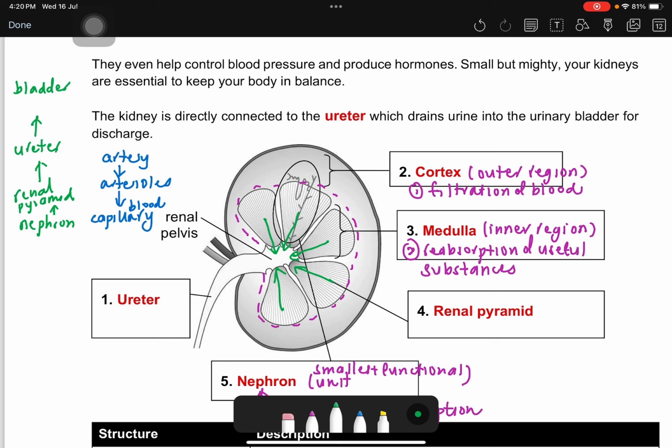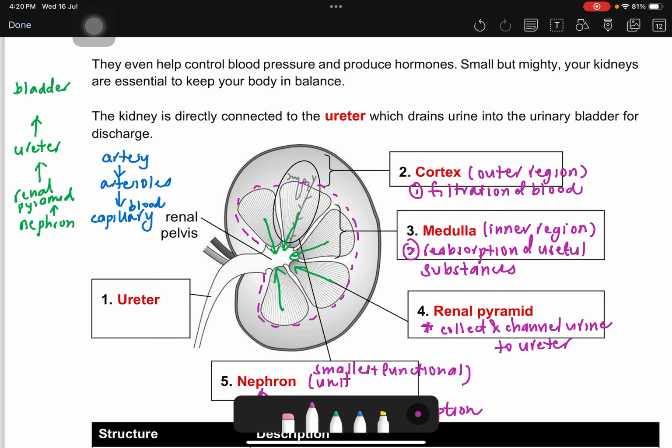So this is how it's being organized inside the kidney. All right, so that's the purpose of the renal pyramid, which is to focus on collecting and channeling urine to the ureter.